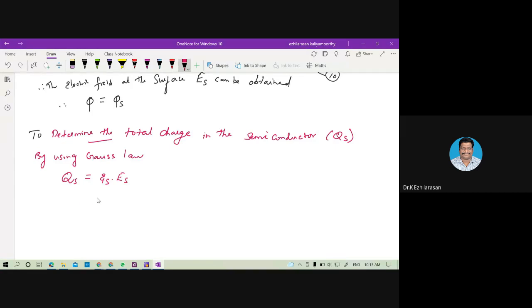We will get the expression: minus 2q epsilon s Na divided by epsilon s, then e to the power minus βφs plus βφs minus 1, plus e to the power minus 2βφb into e to the power βφs minus βφs minus 1.